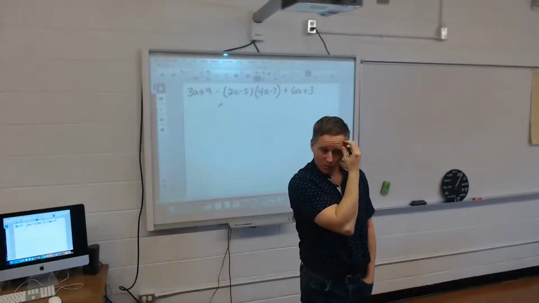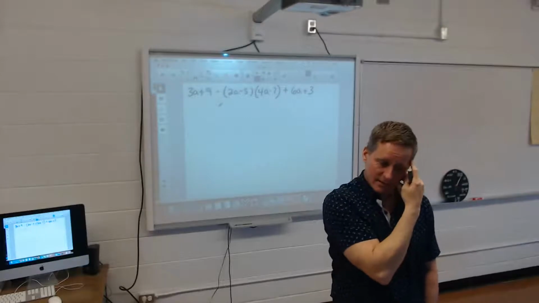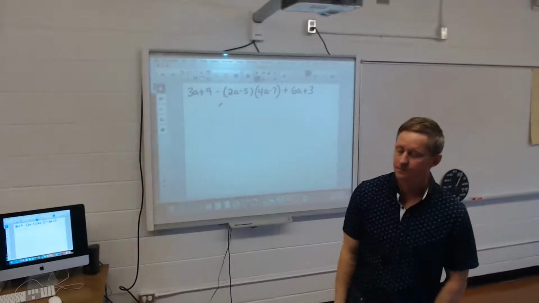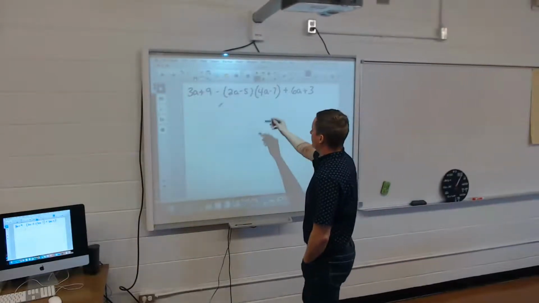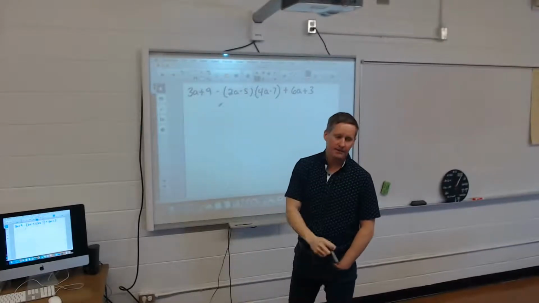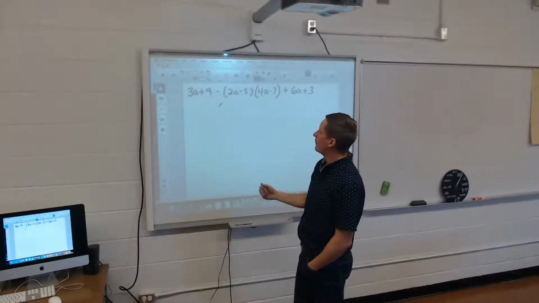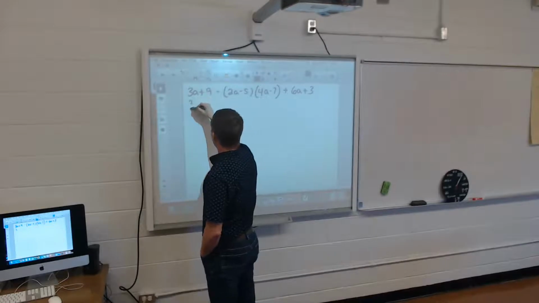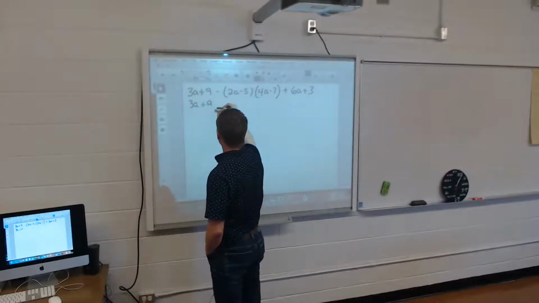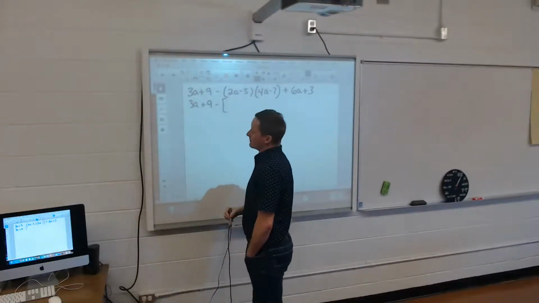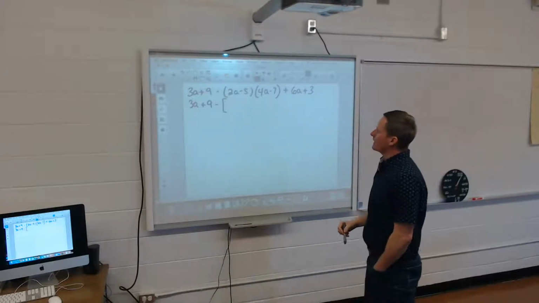Okay, so order of operations says that we need to do the multiplication first. So again, I've got a binomial times a binomial. The easiest thing to do is to FOIL it. I'm going to put this into big brackets here.